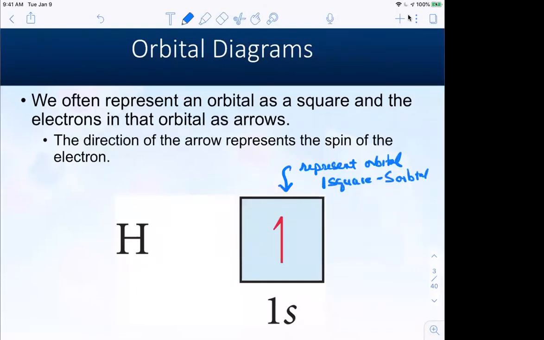Remember, if I have p subshells, I have 3 different orbitals. If I have a d subshell, I have 5 different orbitals. And if I have an f subshell, I would have 7 different boxes, which represents the 7 different equal energy or degenerate orbitals.